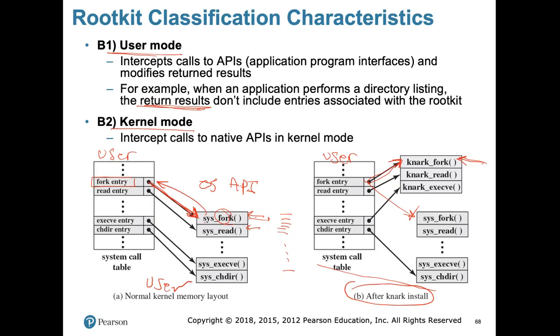For example, it returns 0 or 1, meaning I have created the process successfully, or I couldn't. Now the rootkit can only change the result. It wouldn't be able to implement it totally differently.